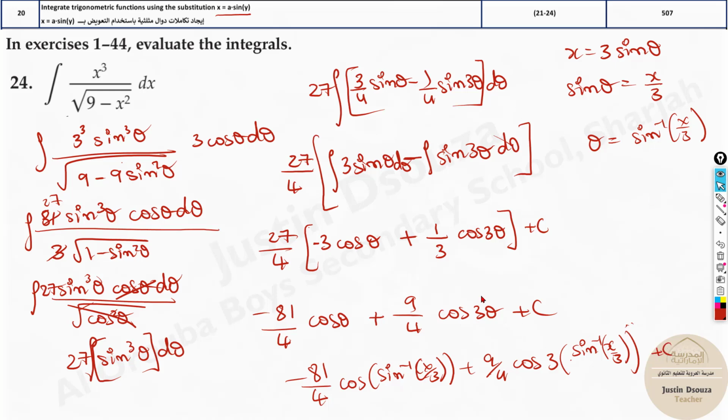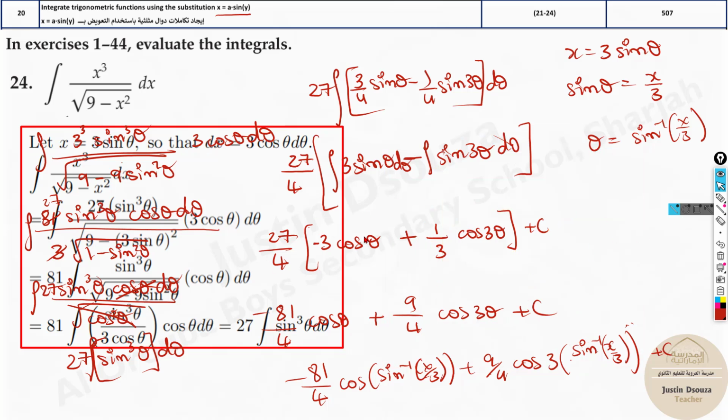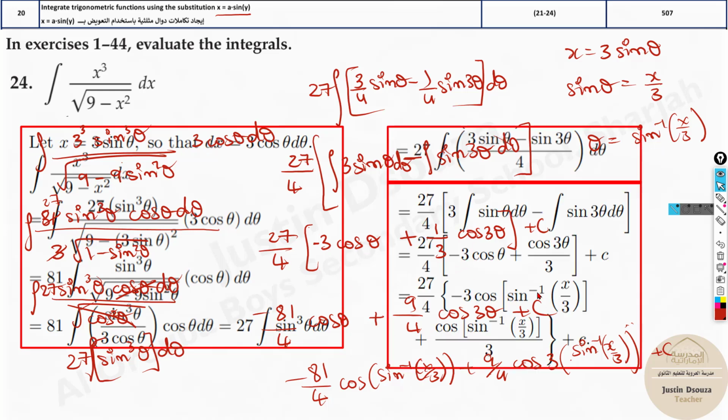Let us look into the answer over here. It looks very weird, but see that 27 by 4 is outside. Then we have minus 3 cos. What is theta? Now you can just focus on this part. Over here they have left it out, they have not multiplied it inside. That's fine. I've just multiplied it inside. Now what is theta? It is sine inverse x by 3. You can see the same thing over here. Cos. Over here they have missed out, see, this is 3 theta. You just can't divide it.